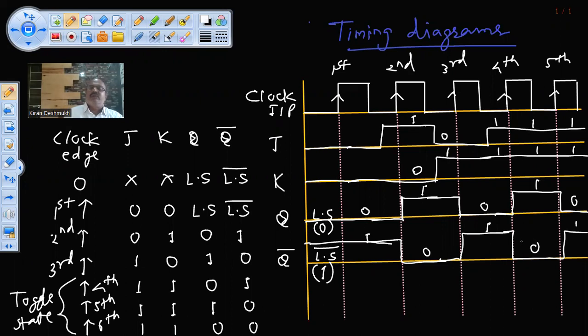This is toggling. So in this way, you can draw the waveforms or timing diagrams for the positive edge triggered JK flip flop. I think it is clear. If you have any doubt, you can ask.